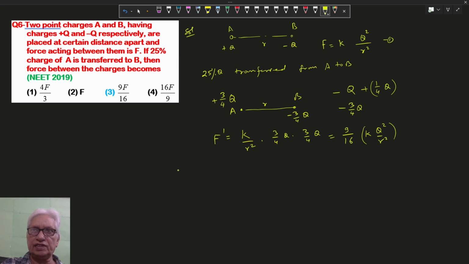From equation 1, it can be written as F. So F dash will be 9 by 16 of F, means option C.